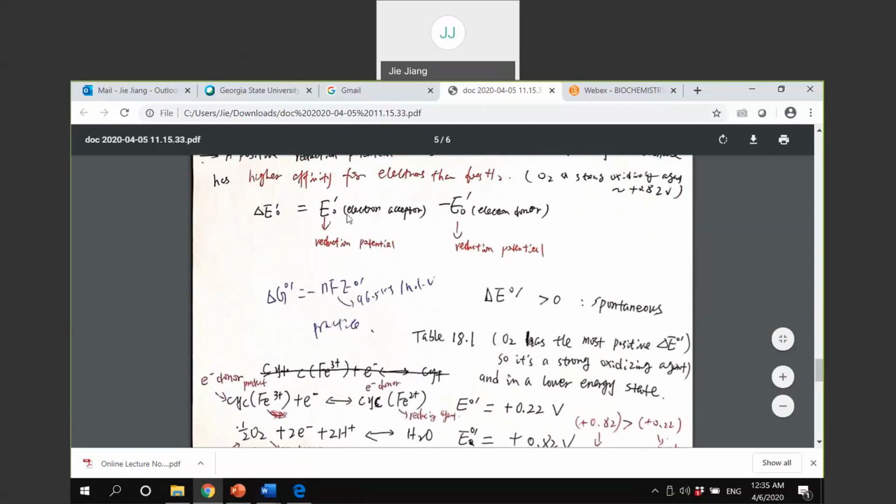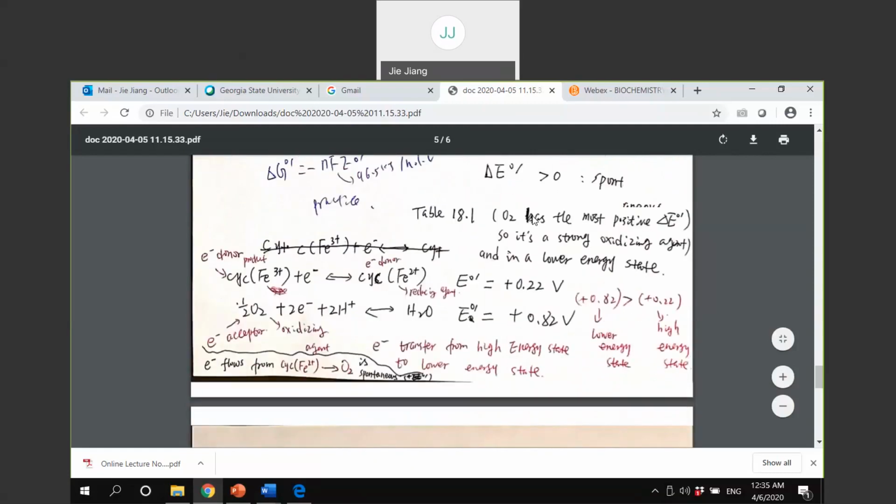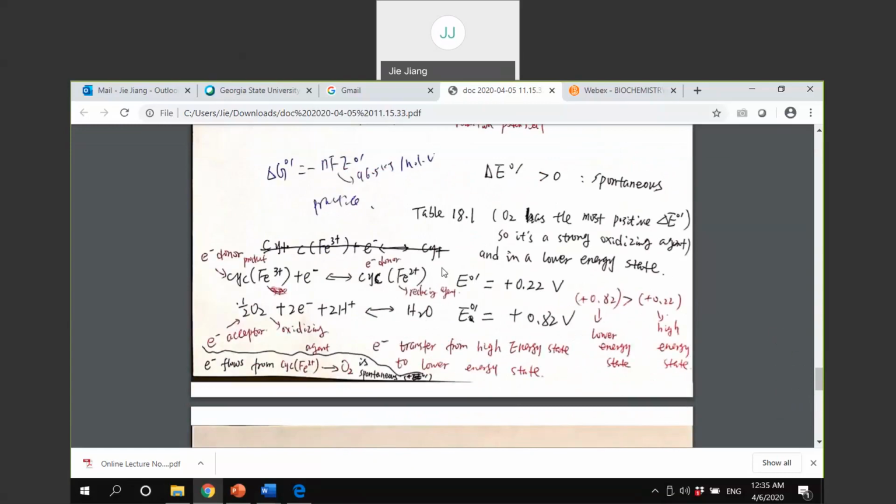It has nothing to do with the number of electrons, right? It's only related to the two half reactions. So when you have this question, it asks you to calculate the cell potential. You're given the cell potential for each half reaction. How can I find the cell potential for the overall reaction?